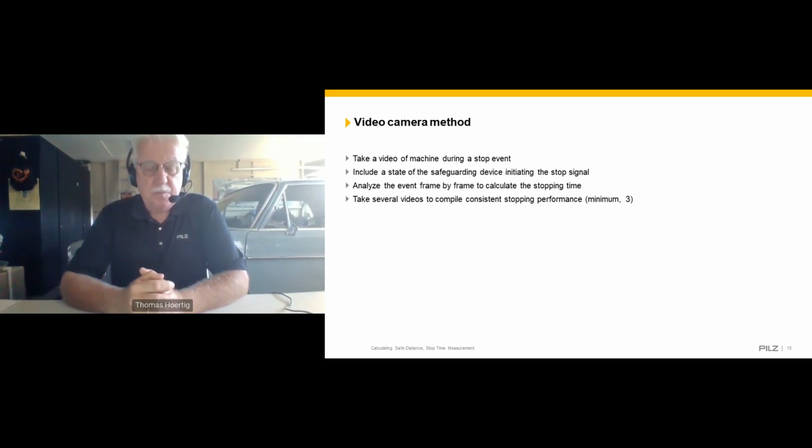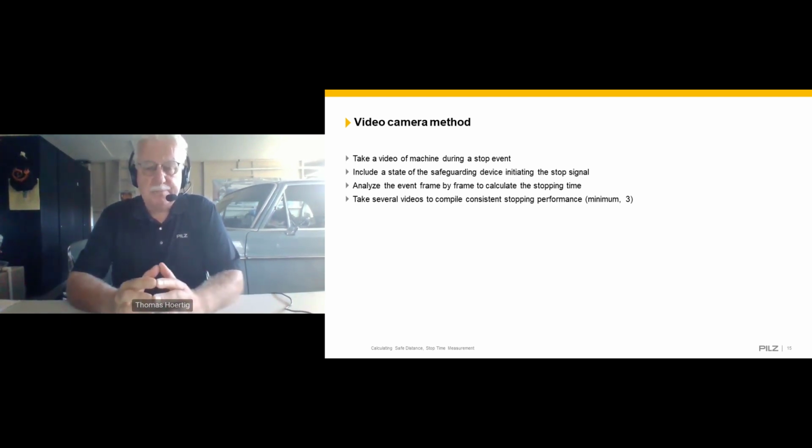So again, the camera is one of the methods. You can take a video of the machine during a stop event. Here you include the state of the safeguarding device initiating the stop signal. So with the video, you put the camera on a tripod.